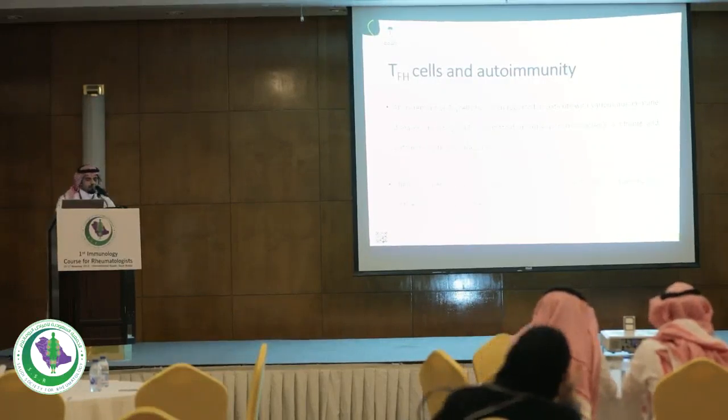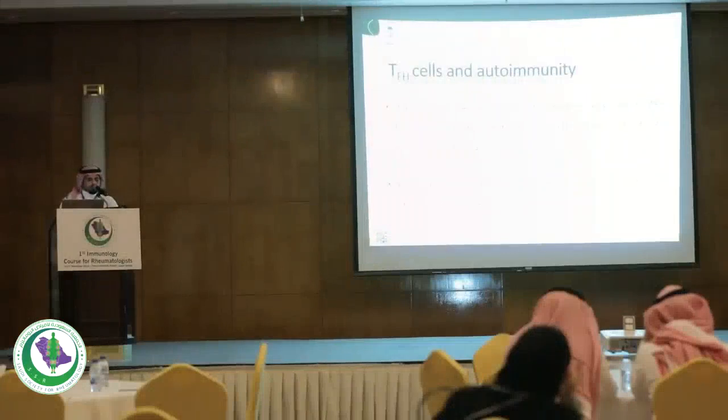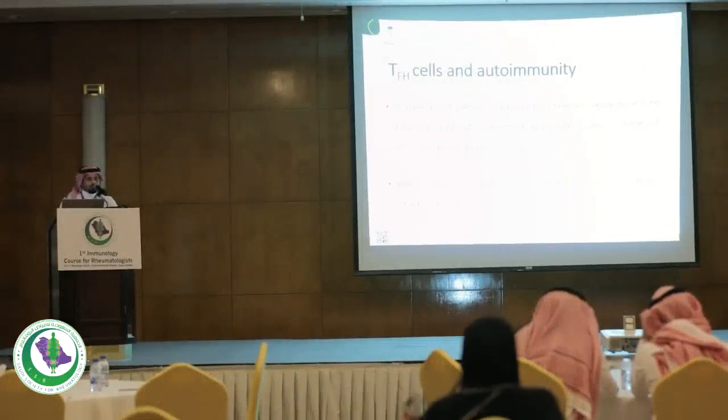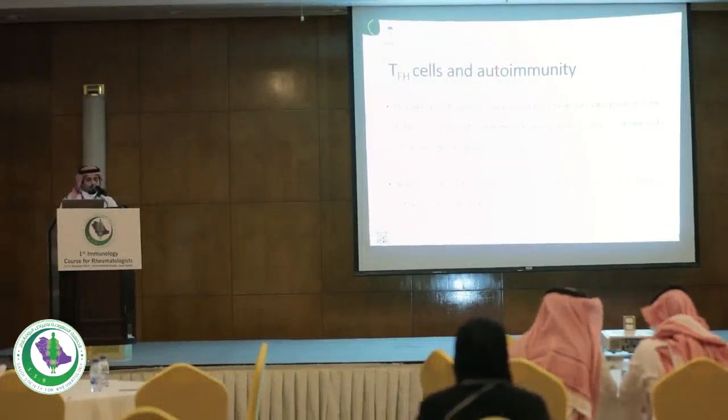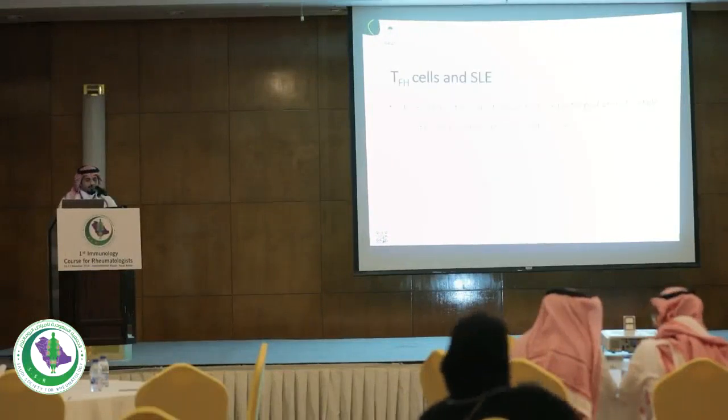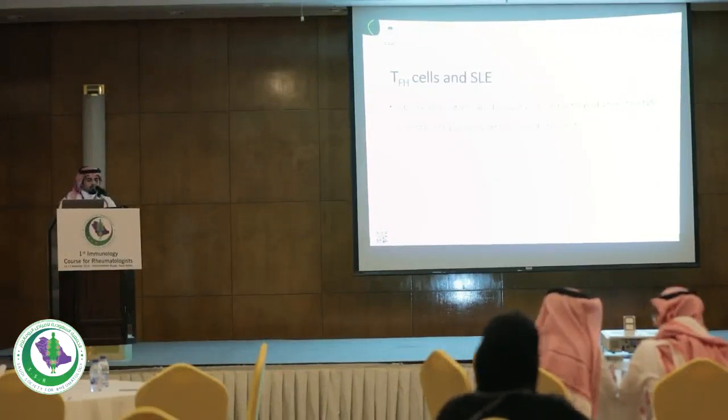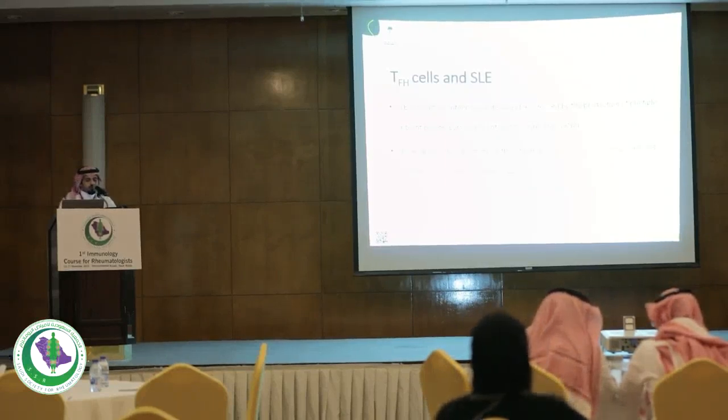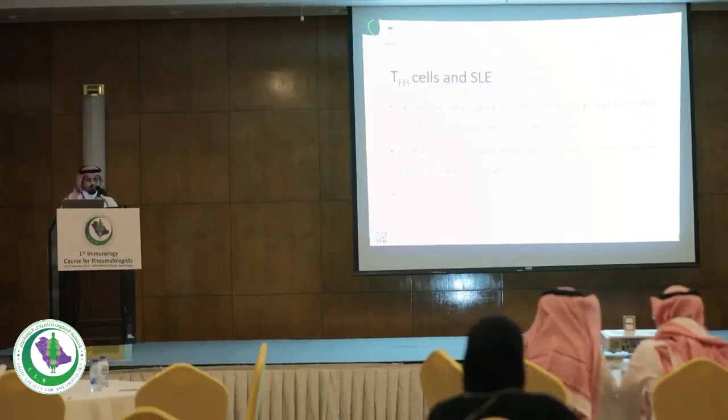A higher frequency of these cells was positively correlated with serum autoantibodies in these autoimmune patients. Several studies show that SLE autoantibodies have been strongly correlated with T follicular helper cells, and these autoantibodies are involved in tissue damage.